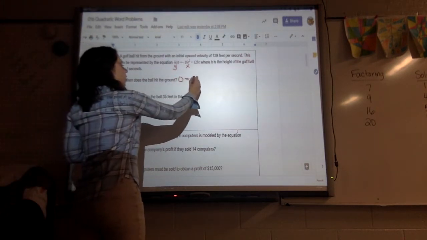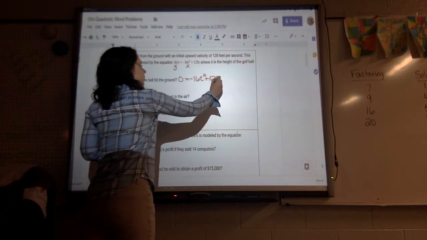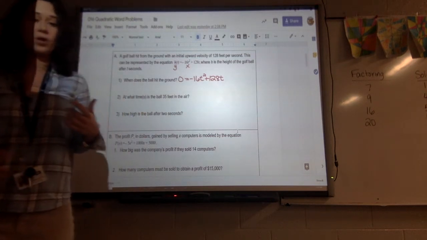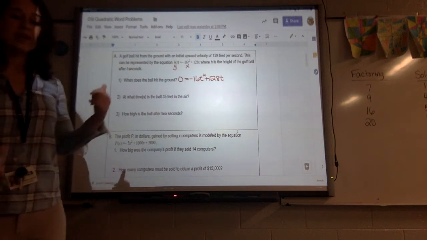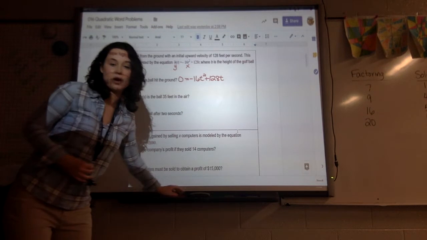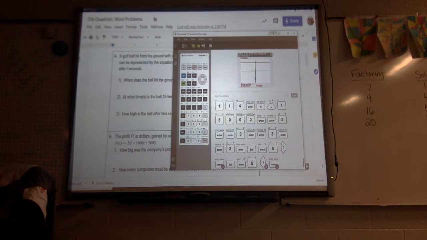So when is this equation equal to 0? Well, there's lots of ways I can solve that. I could do the quadratic formula. At least to a certain extent, I could factor that. But the easiest way for me to solve this equation is simply to go to my graphing calculator. Okay? And find where that equation intersects 0.